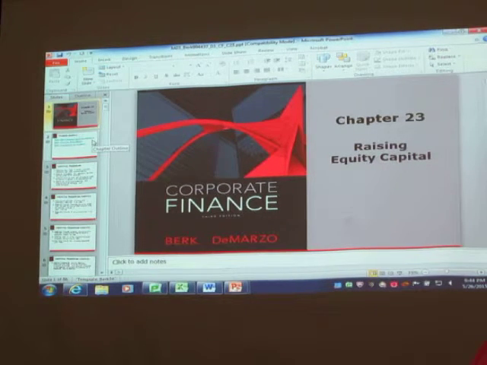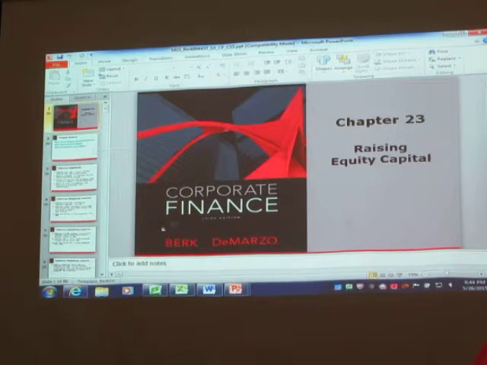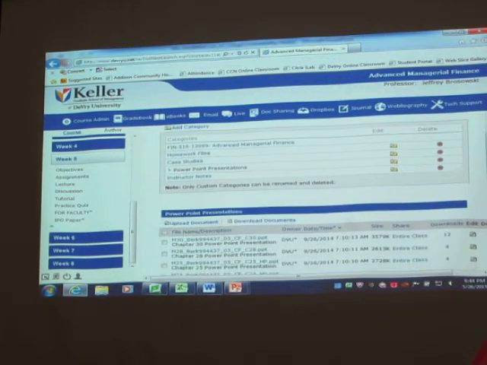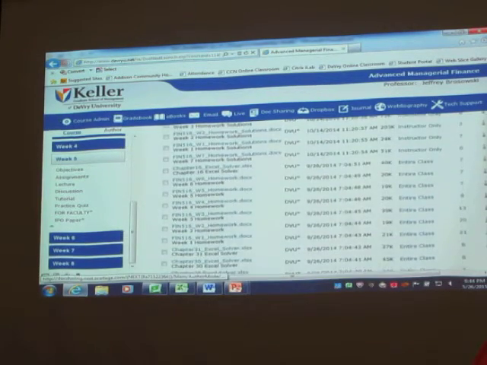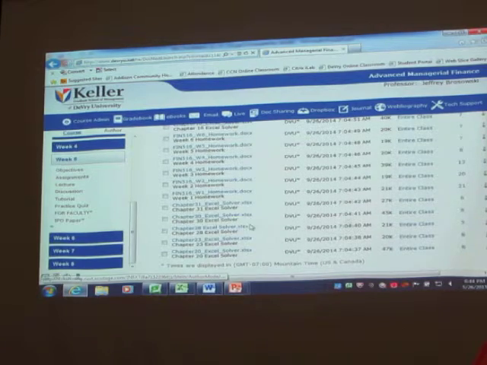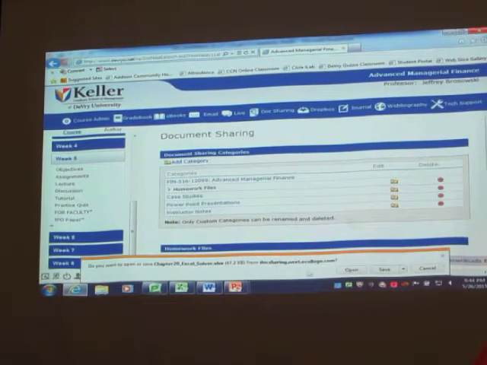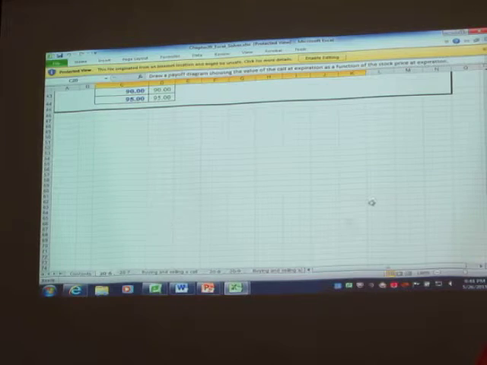Also, I'm not sure if some of you actually found the solvers. That helps you out a great deal. In the doc sharing, if you go to your homework section and look at, for example, chapter 20, it'll have certain numbers for you.